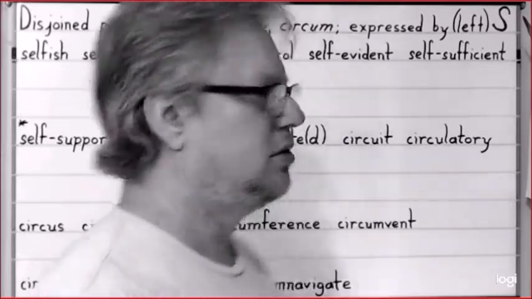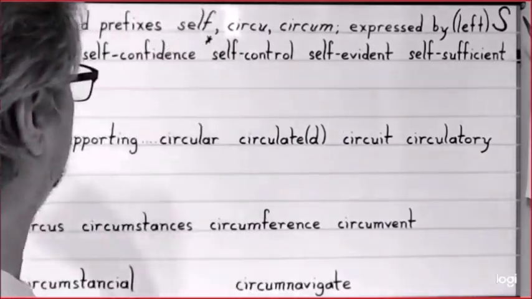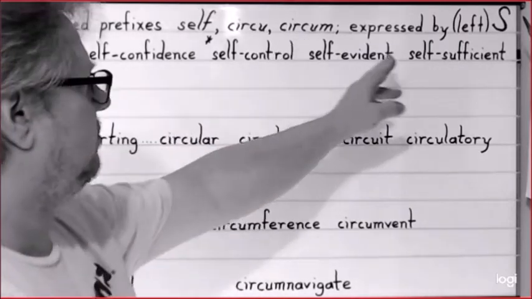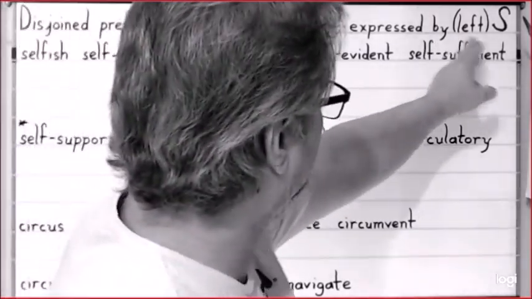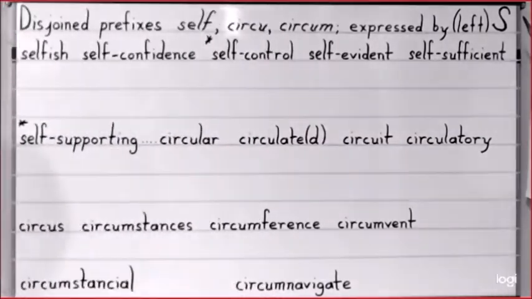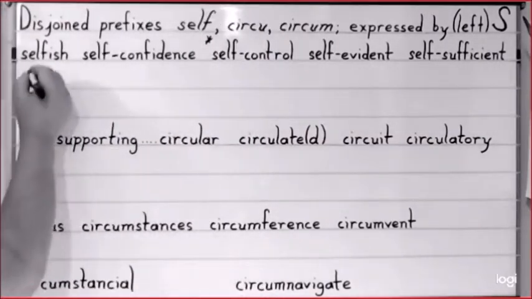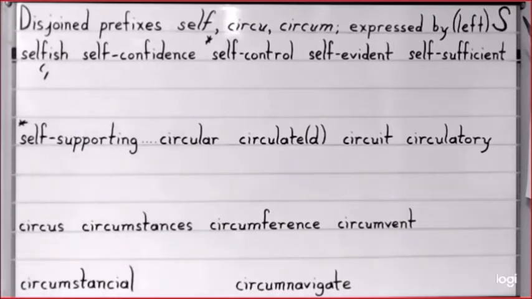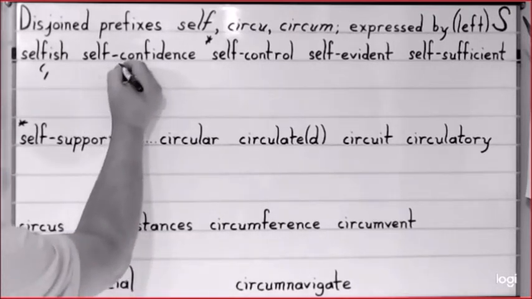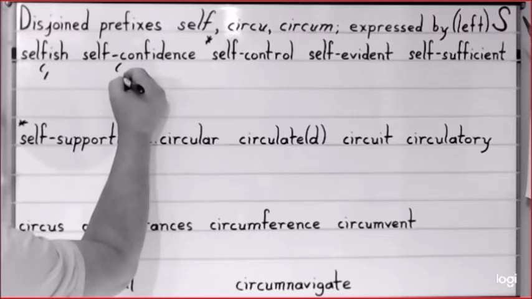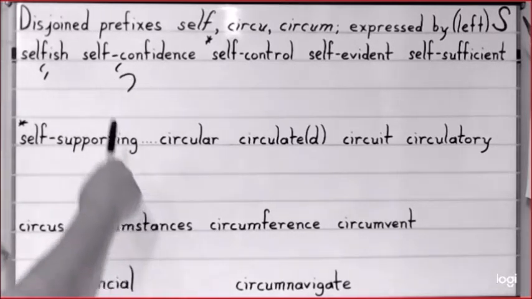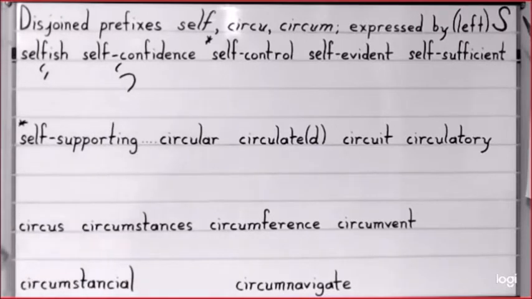The disjoined prefixes self, circu, and circle are all expressed by a disjoined left S. For the word selfish, it is the left S and then an SH. For self-confident, it is an S, then a K, and an F. Of course, confidence, the K and the F is a short form.